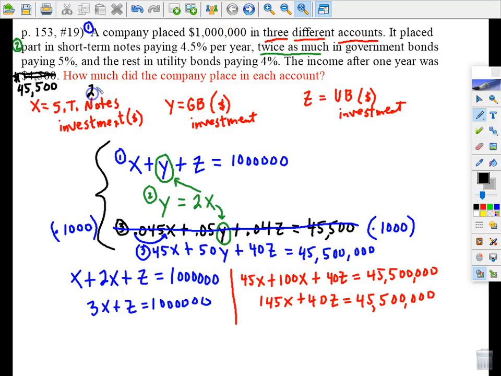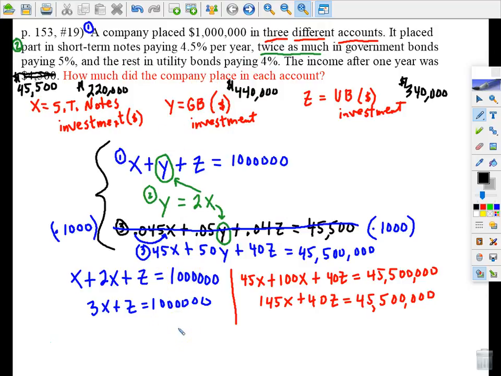So $220,000 was invested in short-term notes. $440,000 was invested in government bonds, and $340,000 was invested in utility bonds. And a good check is to just make sure that those add up to $1 million. That was the total investment amount. Okay, and so that's your answer for number 19 on page 153.